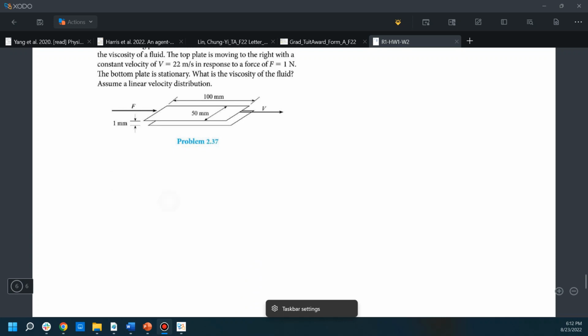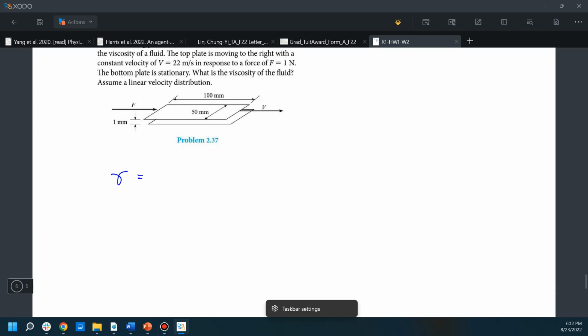The shear stress is equal to the force divided by area, and it's also equal to the viscosity times dV divided by dy.